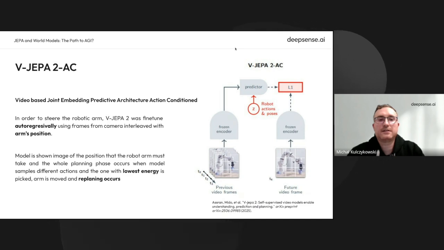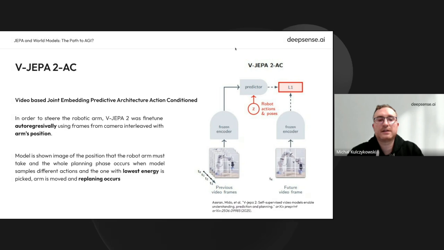This data is interleaved with the arm's position, and the inference happens when we show the model the image of the position of the robot, and the model tries to come up with various trajectories that can be used to achieve the position.